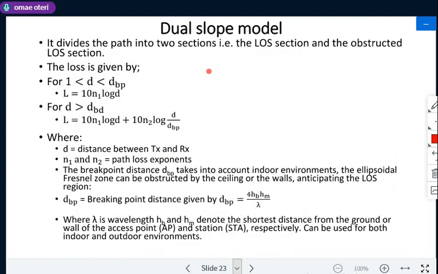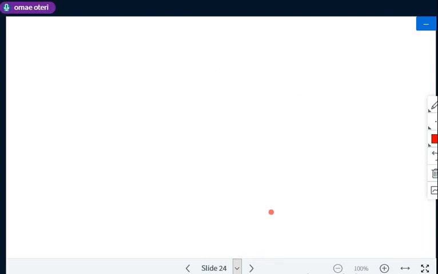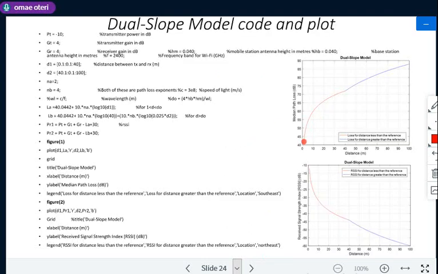So the dual slope picks two slopes. You use one loss up to a given point, then introduce another one from that point to the last point. And the graphical representation will be like this. You can see there are two of them.